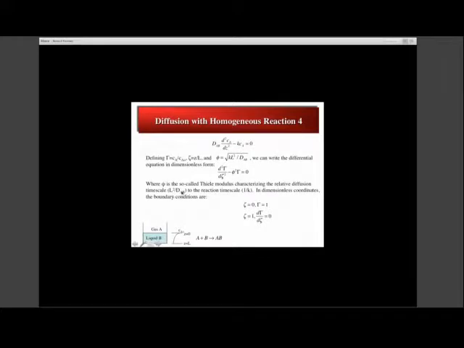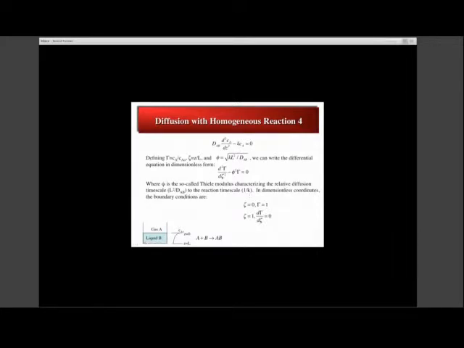You'll remember the units on diffusion coefficients are, for example, centimeters squared per second, and so L squared divided by the diffusion coefficient is basically the characteristic time for gas A to diffuse a distance L through this tank.